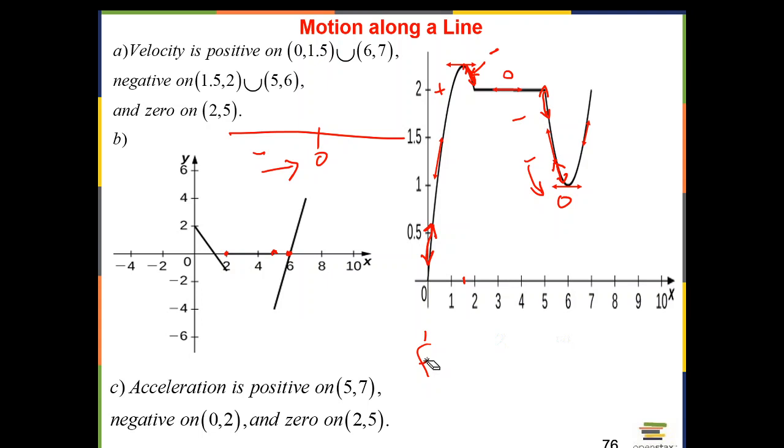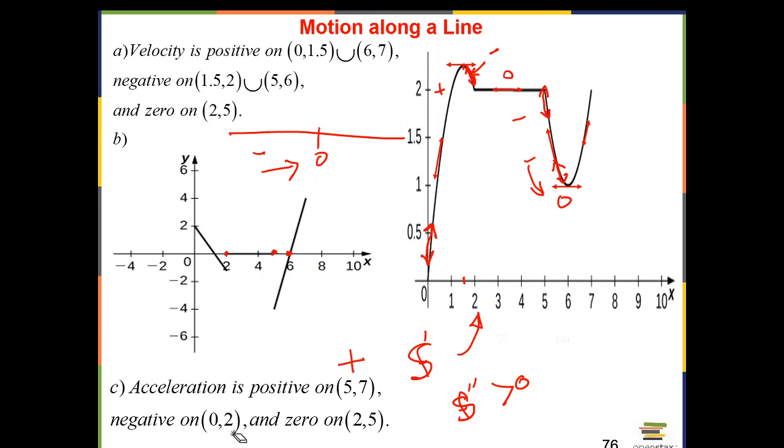So if the values of f prime are increasing, that means the prime of the velocity, in this case of s, the double prime, has to be positive. Why? Because they are increasing. So over here, from 5 to 7, the acceleration is positive, right?